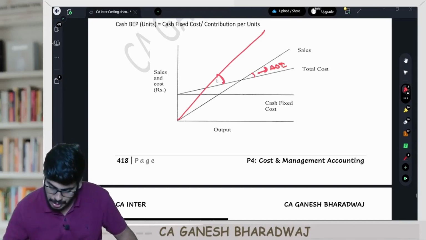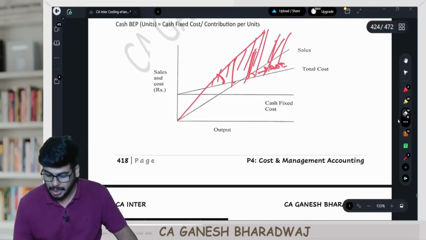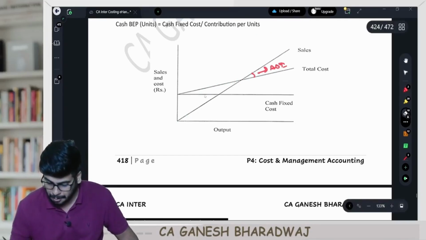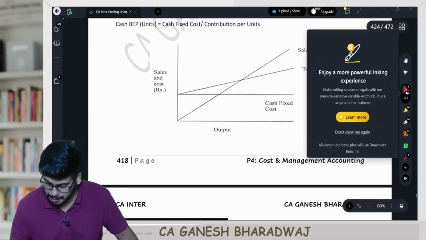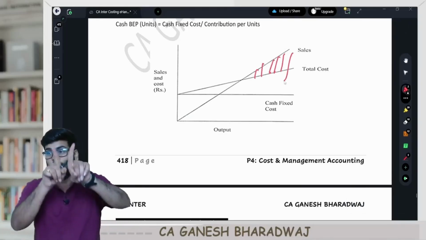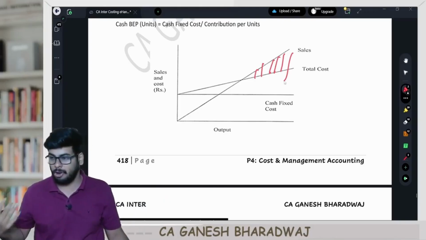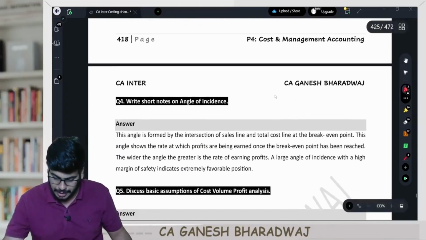So in this case, this entire area is going to be my profit. If this is not the case, my profit will be only in this particular area. So the more the angle of incidence, the higher the level of profitability. Clear with this?